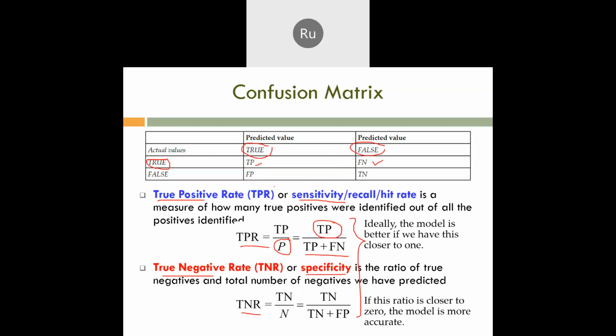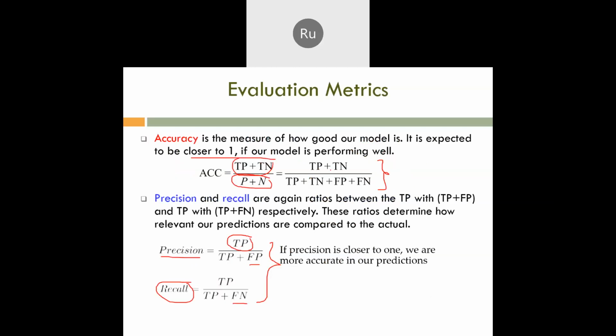Similarly, if the actual value is false and you predict false, that is a true negative. What we want to do is increase these two and reduce this one, because this is the error that we have. That is why your accuracy depends on the true positive and true negative.